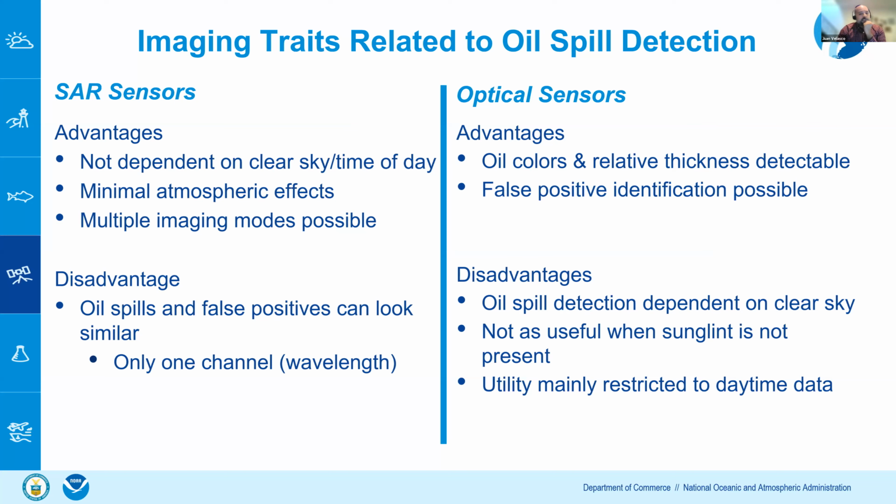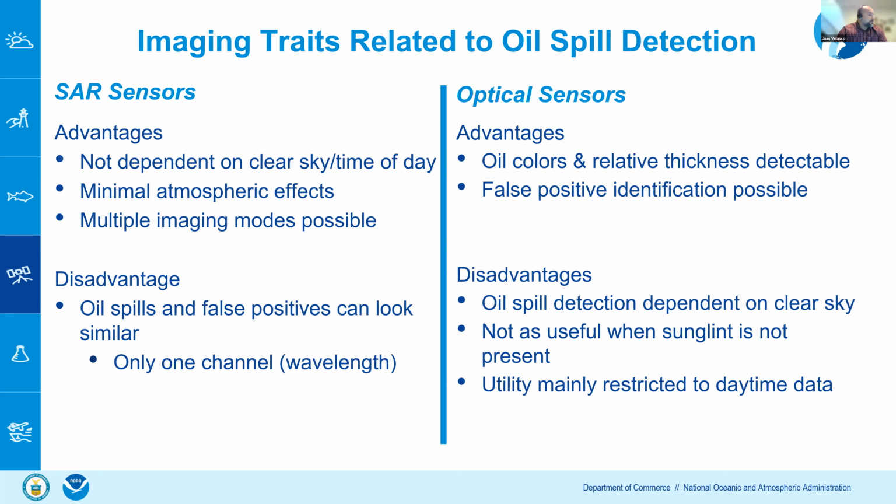So SAR sensors and optical, they both have their advantages and disadvantages with regards to oil spill detection. The advantages of SAR sensors is that since they use radar and they're not dependent on clear skies or time of day.